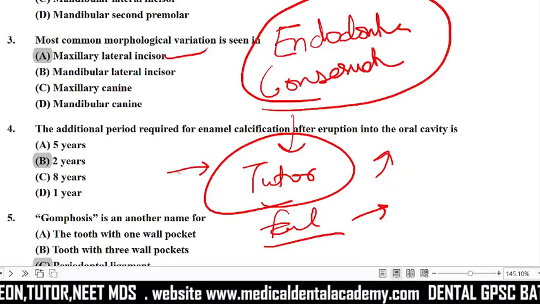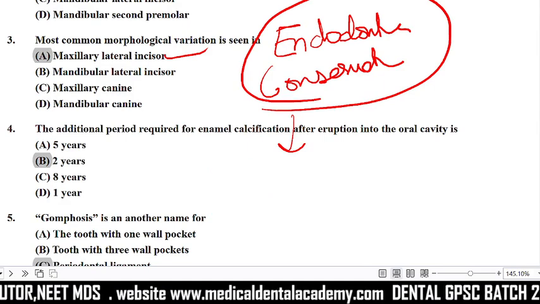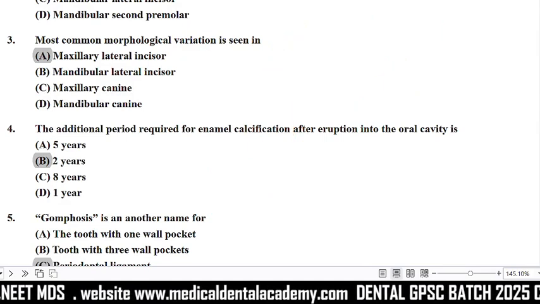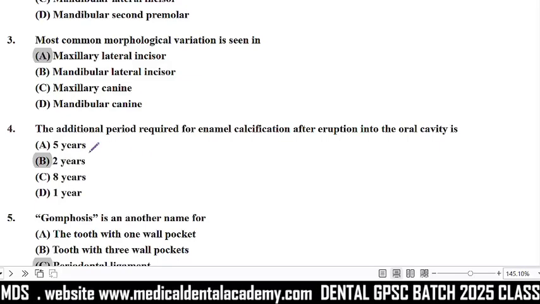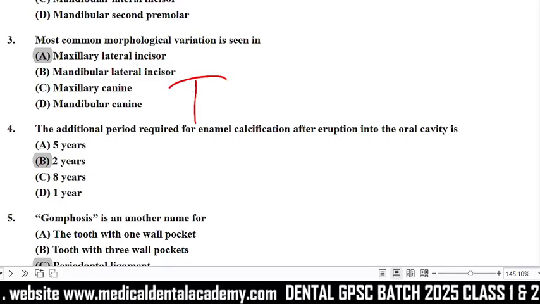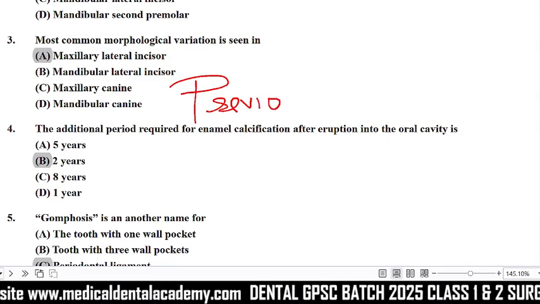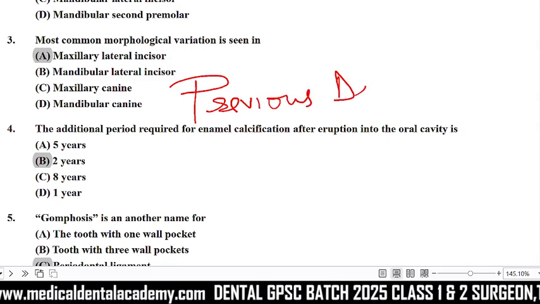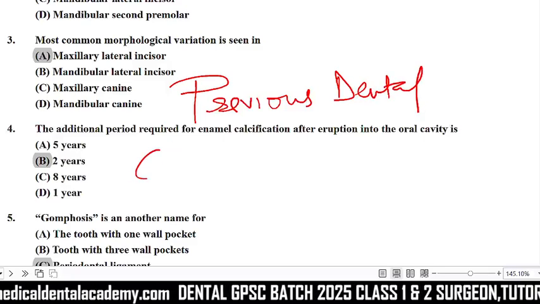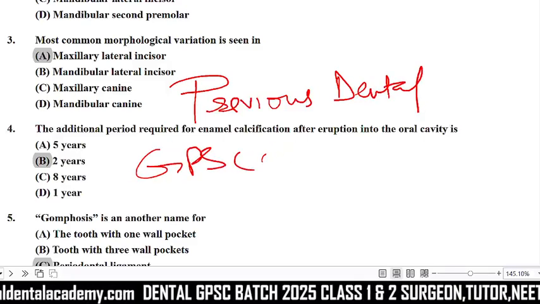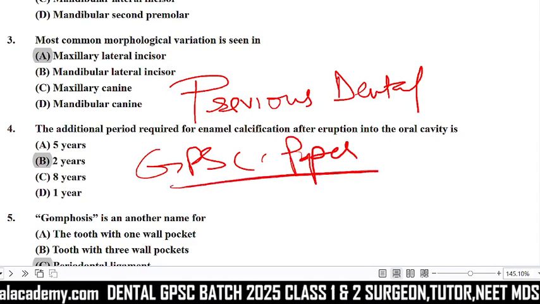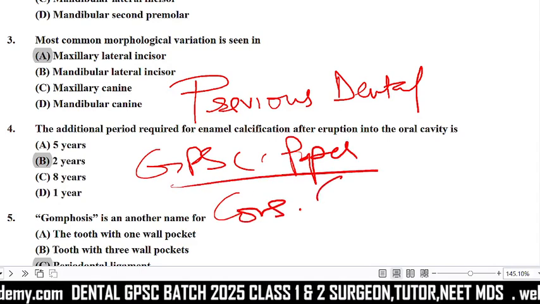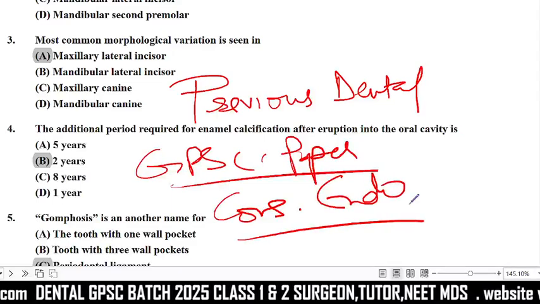Okay, till now if you have any doubts regarding exam syllabus or exam pattern, you can tell us. This is the previous year paper, the previous dental GPSC paper of Consendo.